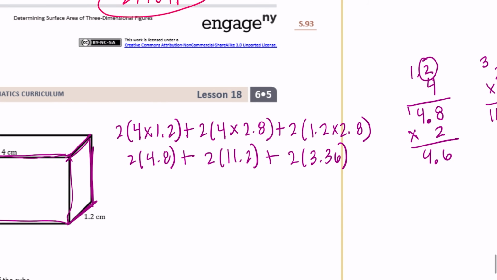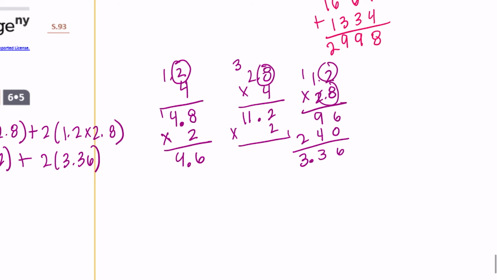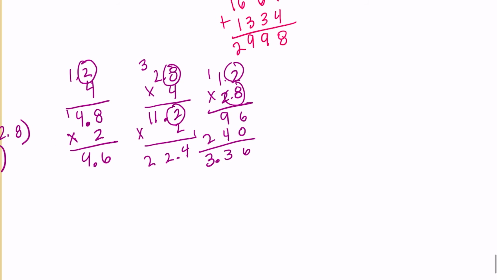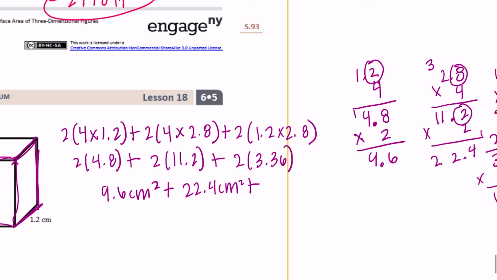So that's 9 6/10 centimeters squared plus 1 digit behind the decimal point, 22 4/10 centimeters squared plus 2 digits behind the decimal point, 6 72 hundredths centimeters squared.